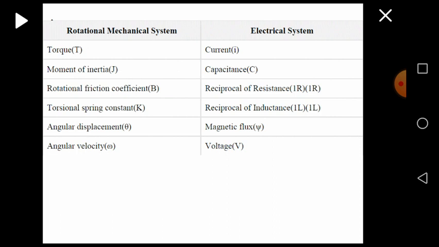Now we are going to see about the torque-current analogous system.